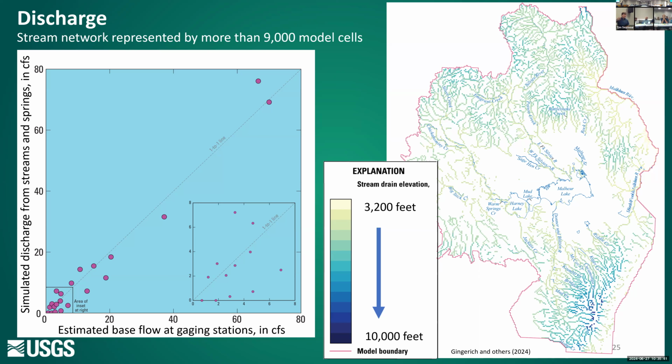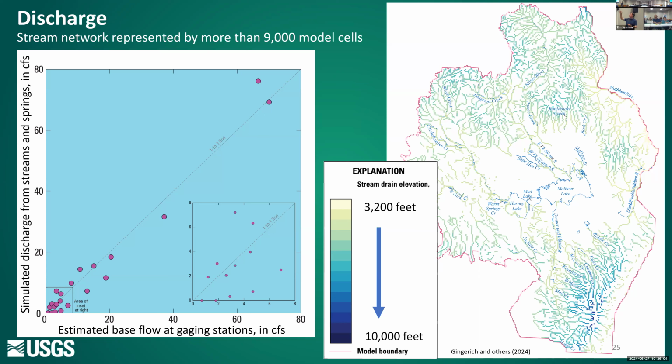So we had to represent all those streams in the model. So this plot here has about 9,000 of those 75,000 cells on the top layer represented as stream cells. And this is a place where water was allowed to leave. If the aquifer filled up to the water level of that stream cell, it would then leave the system through that cell.